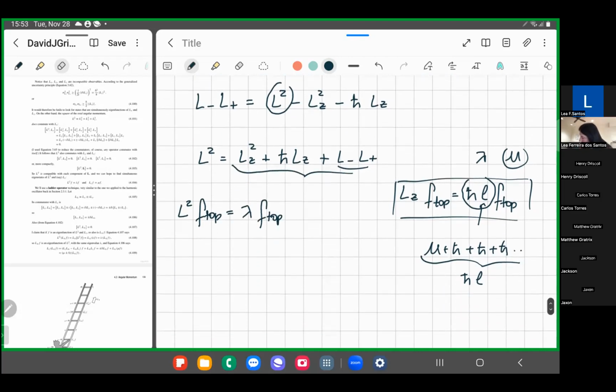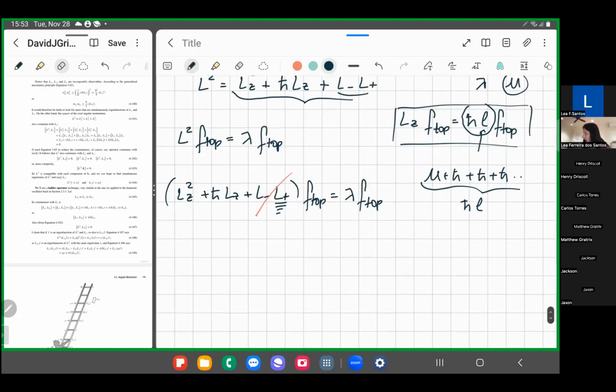So I'm going to apply this L squared on this top. So I have L_z squared plus ħ L_z plus L minus L plus, all this acting on this f top. Well, but we know that L plus acting on the top is 0. So this term here disappears. And this is equal to this lambda that I'm trying to find.